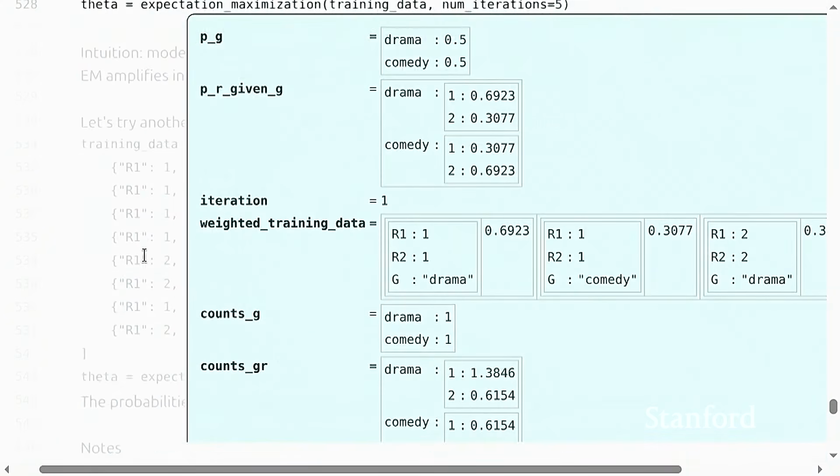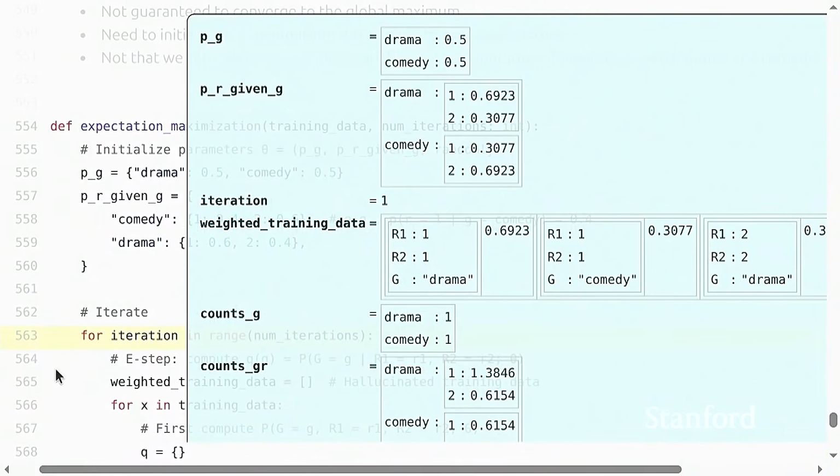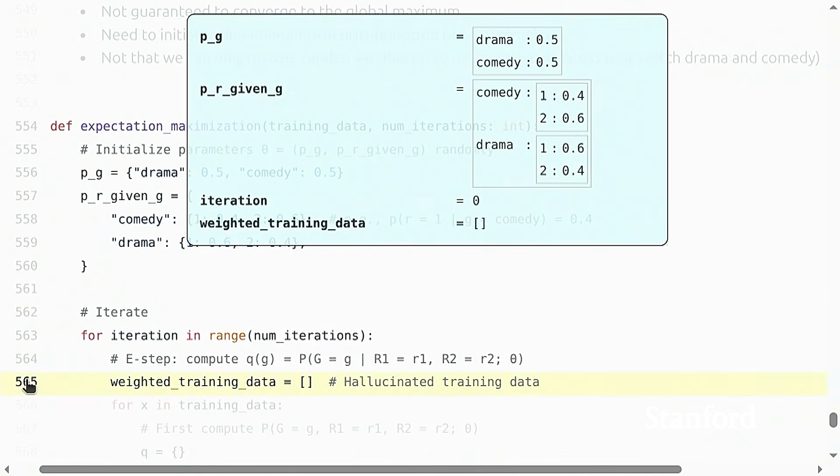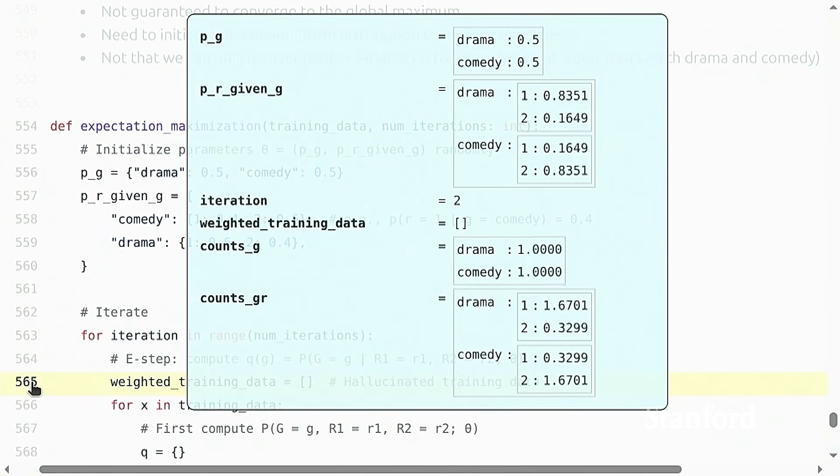Okay, and if I iterate this, you'll see that the probabilities start changing, iterating, and eventually, by iteration 4, they get to something pretty close to 1 and 0. Okay?